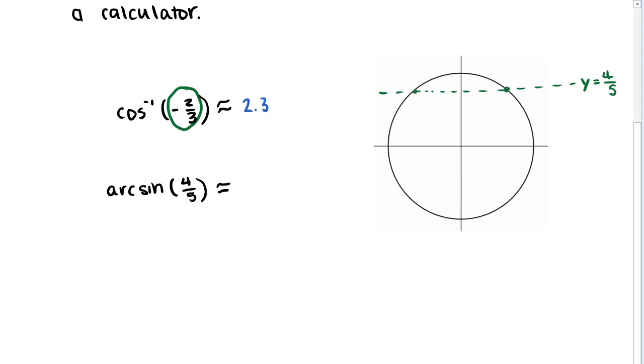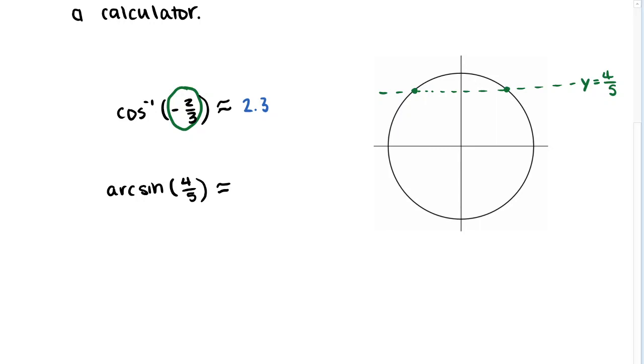And there's two different positions on our unit circle which give us such a y-coordinate. But again, arc sine is going to give us back angles between -pi/2 and pi/2, because that's where our function sine passes a horizontal line test.